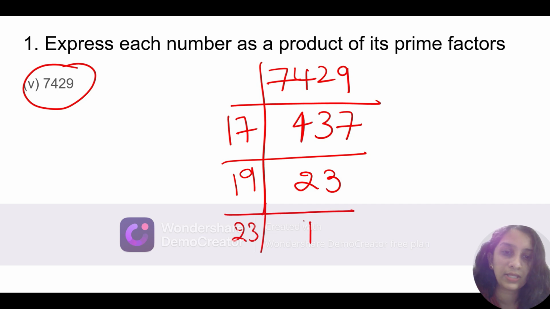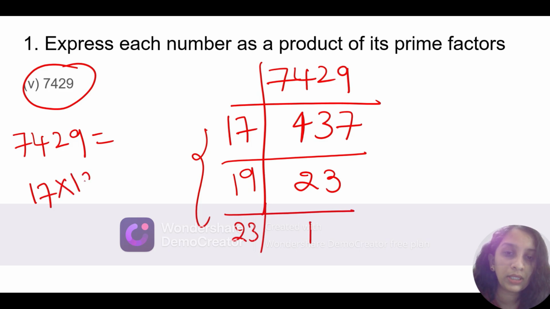So 23 ones are 23. Now we got the prime factors for the given number 7429. So this can be expressed as 7429 equals 17 into 19 into 23. Okay, yeah, this is the final answer for the fifth one.